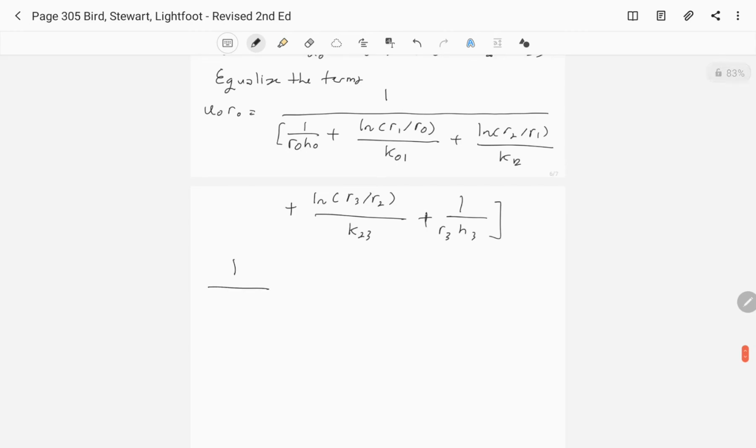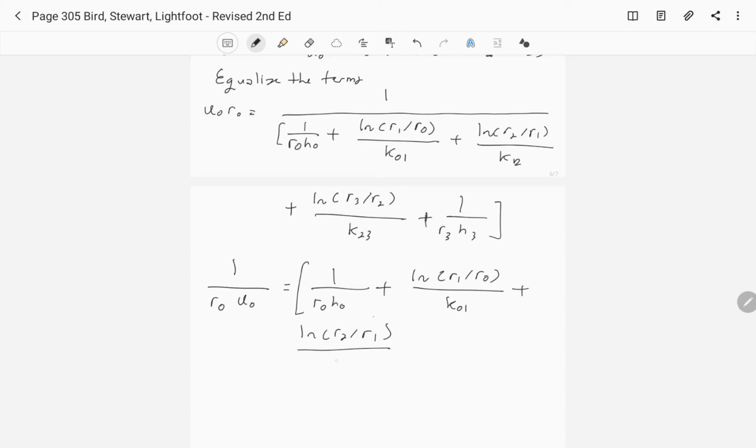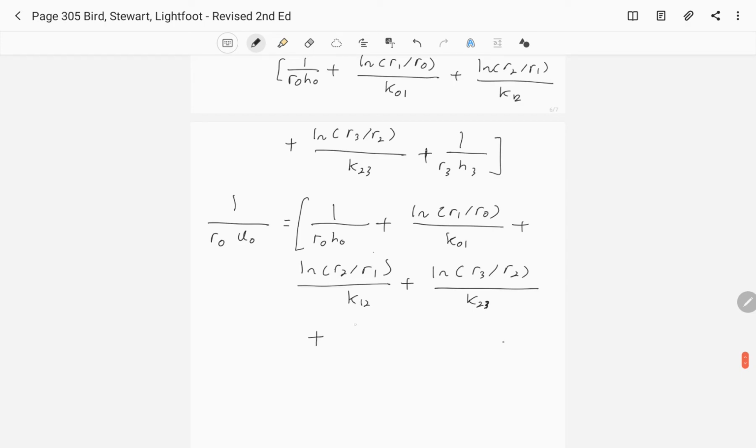and so we will have 1 over R naught U naught will be equal to 1 over R naught H naught plus ln R1 over R naught divided by K01 plus ln R2 over R1 divided by K12 plus ln R3 over R2 divided by K23 plus 1 divided by R3 H3.